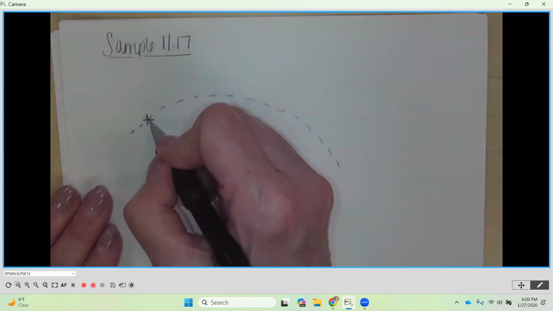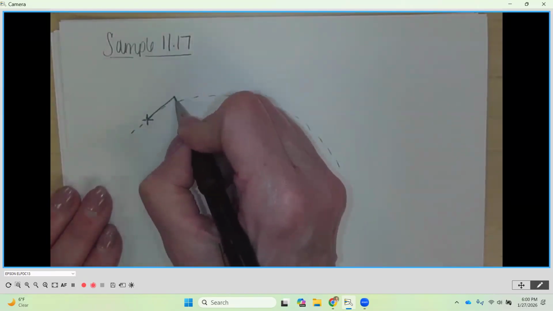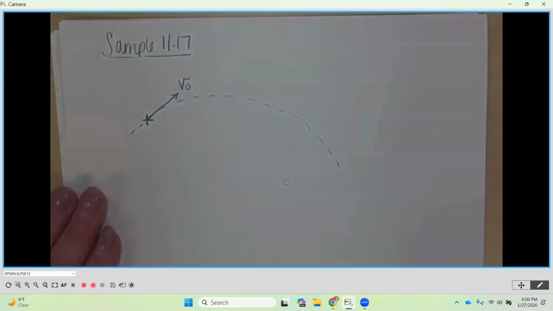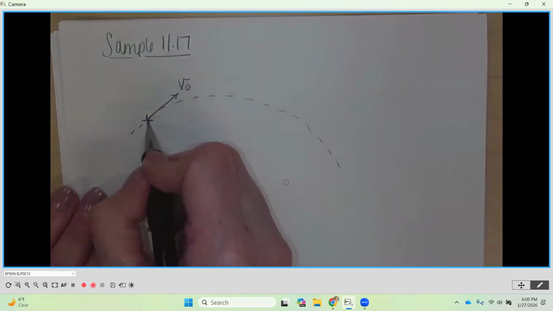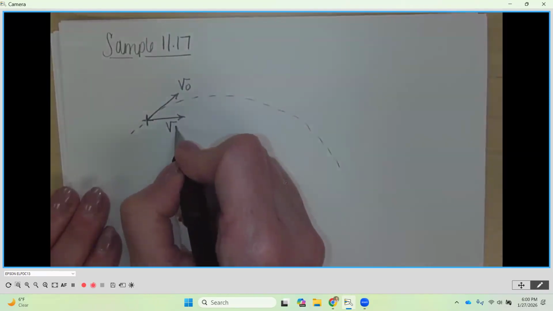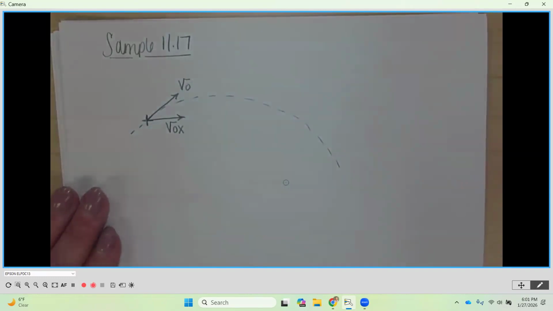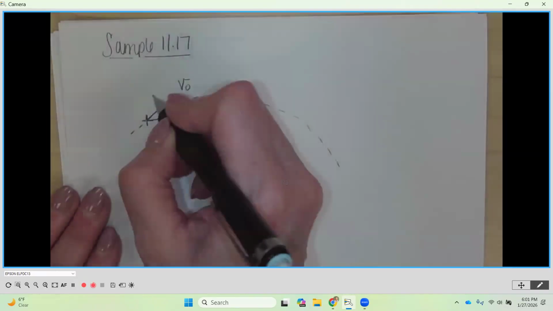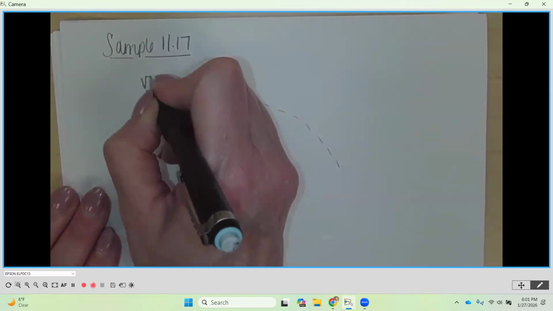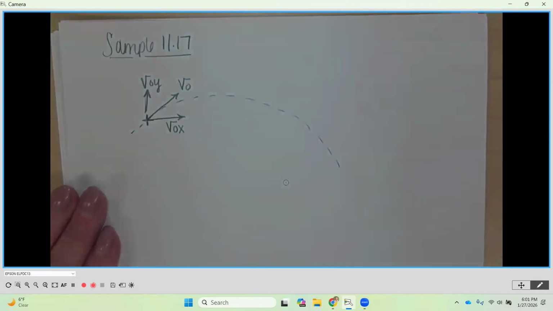The original velocity was going at a 30-degree angle. But then we had those components of the projectile motion, which were the initial velocity in the x direction and the original velocity in the y direction.